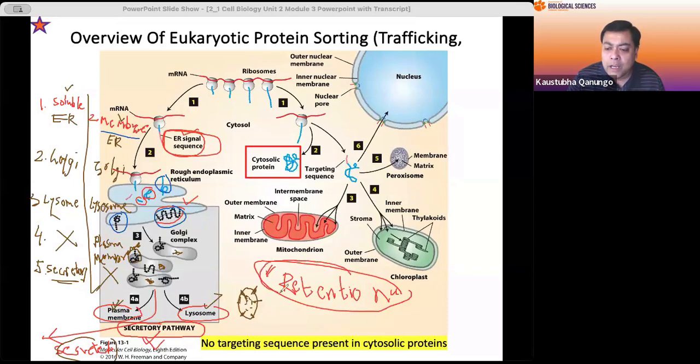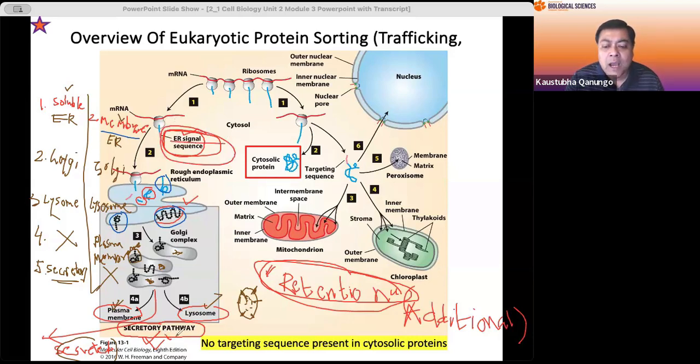So remember that where the protein will go within the secretory pathway is determined by a retention signal. This is in addition, remember, an additional signal other than the targeting sequence, which is always ER for the entire secretory pathway, for all these 5 destinations. 2 signals: the ER signal sequence to make it a secretory pathway protein, and the retention signal, taking it or keeping it to a particular organelle, on this left side only.